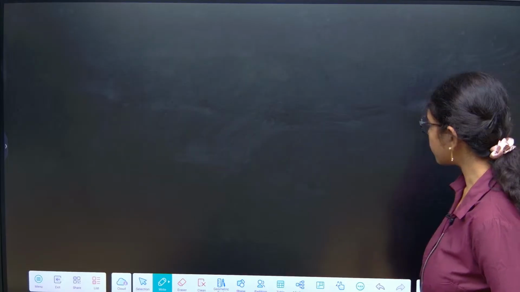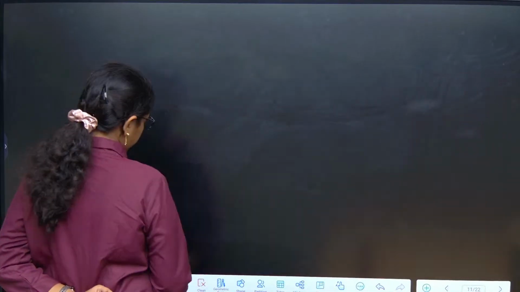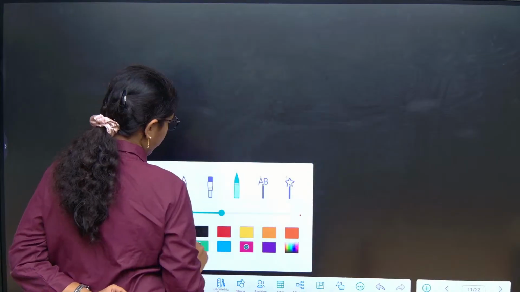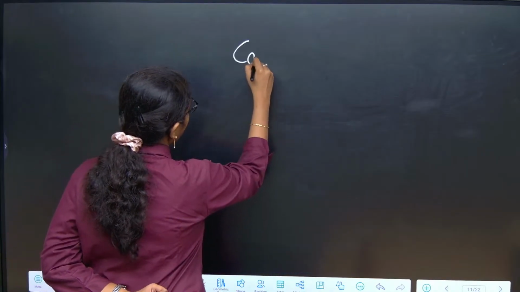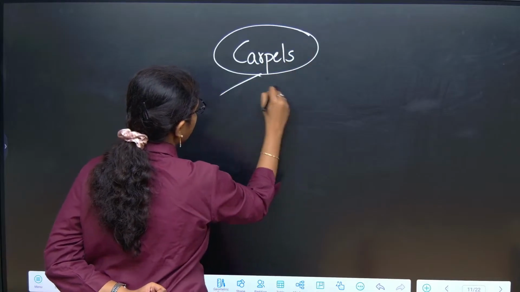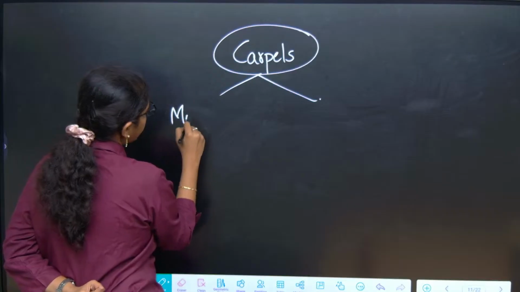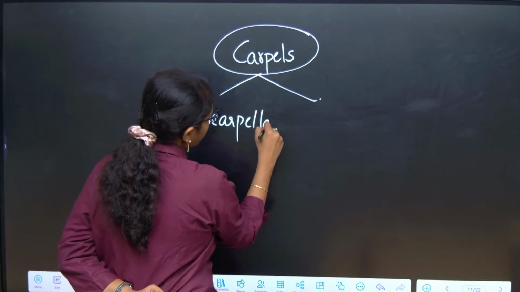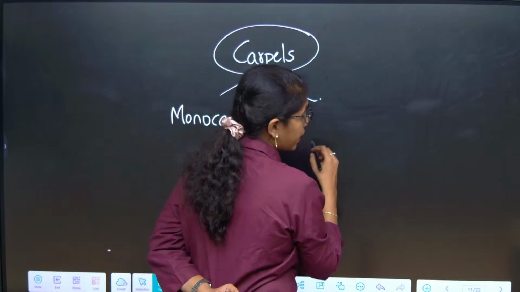Yes, we have learnt carpels can be of two types: monocarpellary and multicarpellary.